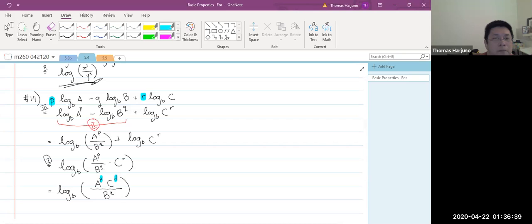Do you see that? On the numerator, I should say. The exponent of the numerator. While if the coefficient is negative, like in this case, negative q, then the q will be on the denominator.